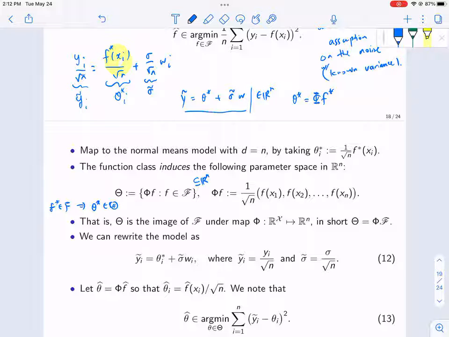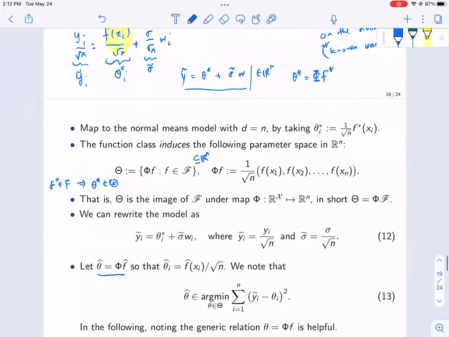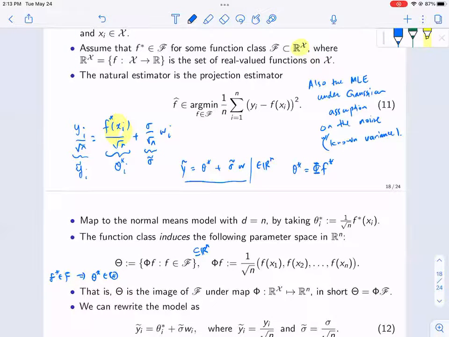Okay, so with this model, if I also map this f hat to theta hat by this phi, in other words, theta hat_i is f hat of x_i divided by root n, then it's not hard to see that, how is it not hard to see?